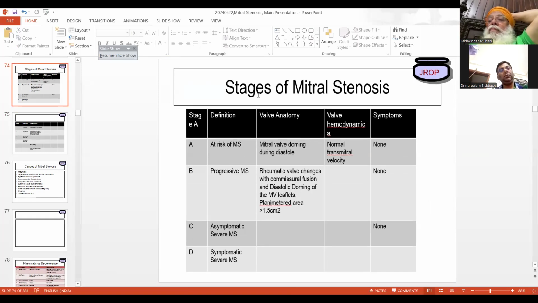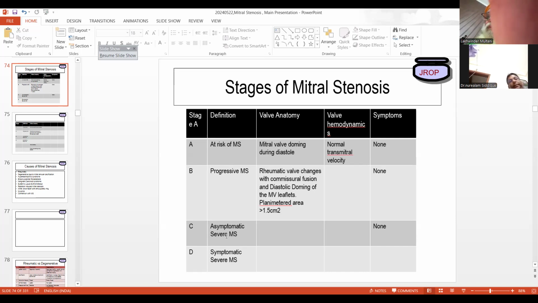I was trying to say what the stages of mitral stenosis are, in the sense of who is at risk of mitral stenosis. Patients with doming during diastole but a normal transmitral valve gradient and velocity. Progressive, when the doming is happening but the area is more than 1.5 centimeters squared. And after that, asymptomatic severe: area is 1 to 1.5, but the patient is not symptomatic.